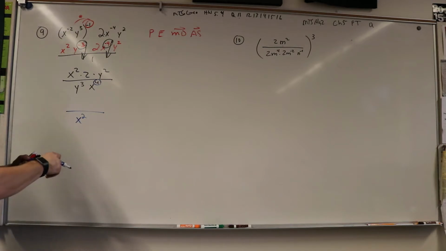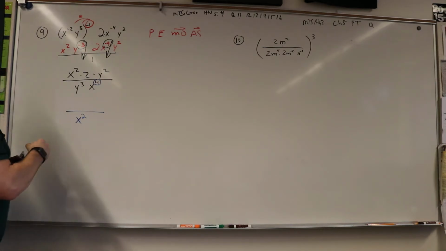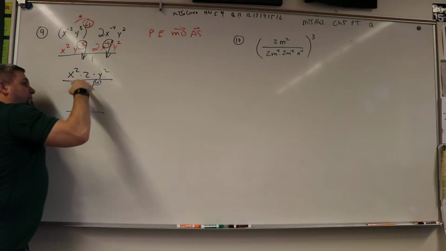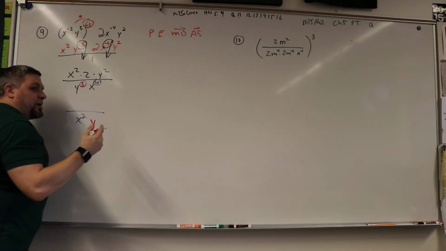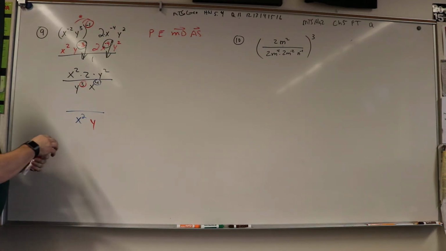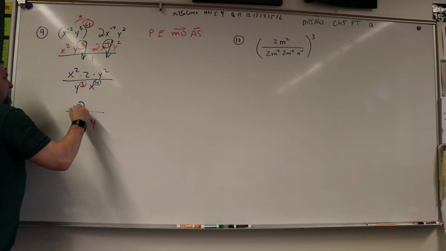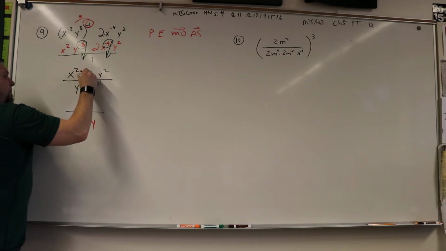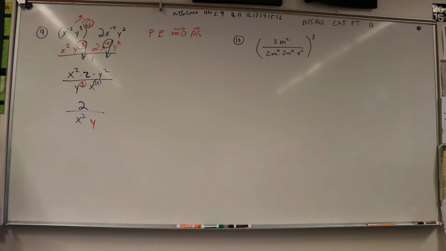And then I'm going to worry about my y's, and that's the winner. So 2 from 3 is 1. And then I get left with that 2 on top, this guy right here. Then I go, okay, am I done? Yeah.